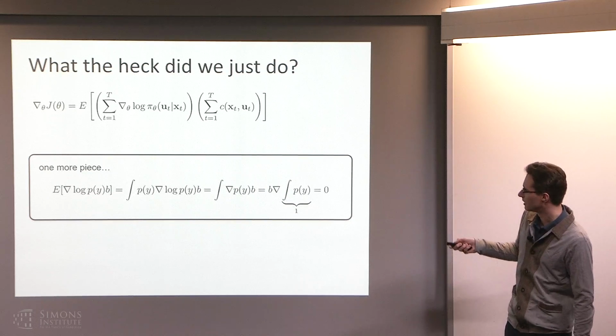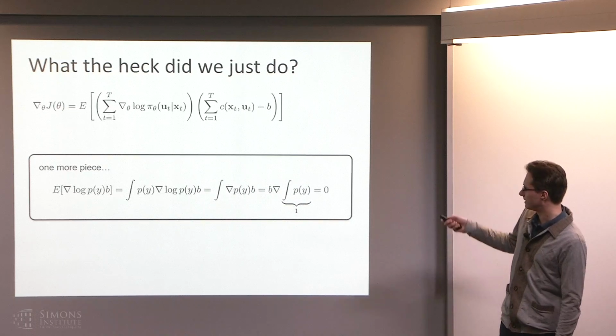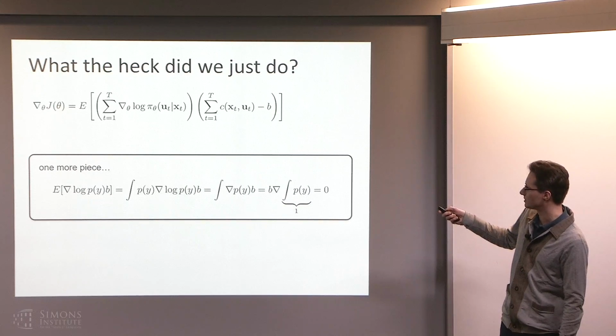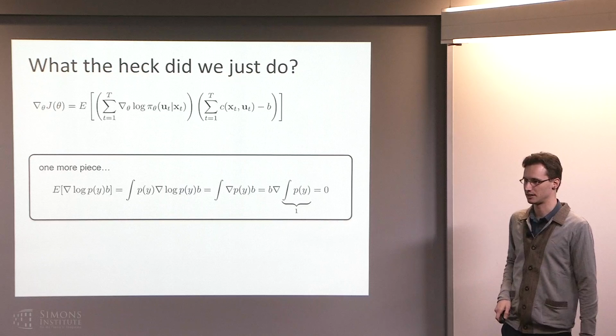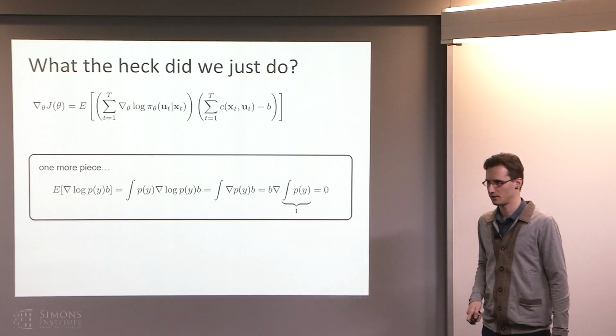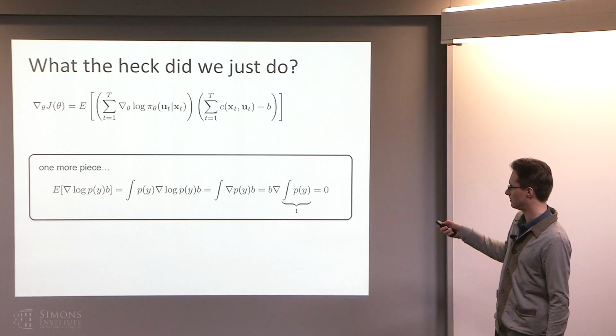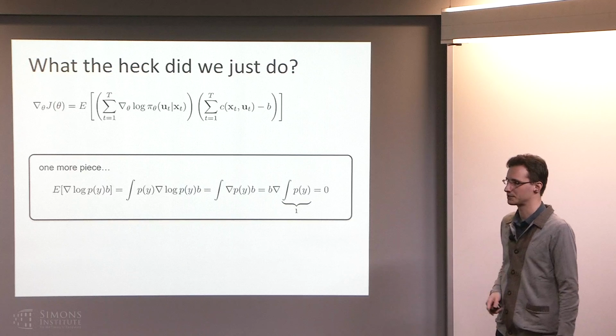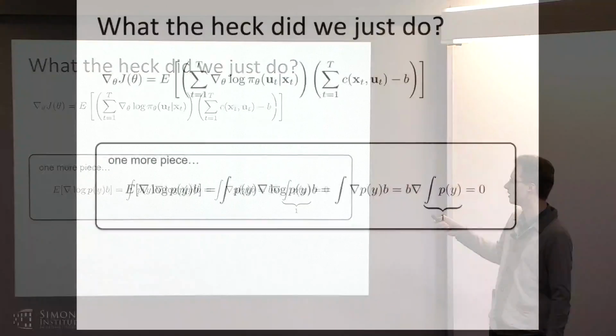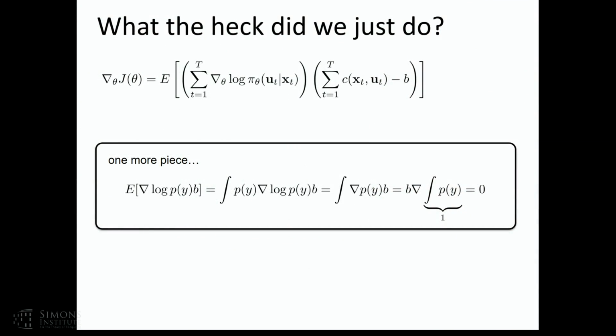So that means that in here, I can add or subtract any constant b, and in expectation this value won't change. In expectation it won't change, but the variance of the estimator will change. In fact, I can choose b so as to reduce the variance of this estimator if I'm using a finite number of samples. That turns out to be a really useful trick in policy gradients. A lot of current research on this topic looks at interesting ways to choose the baseline b.